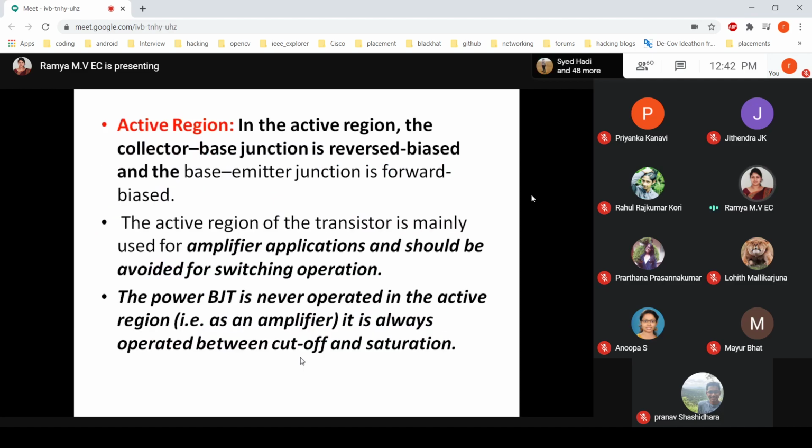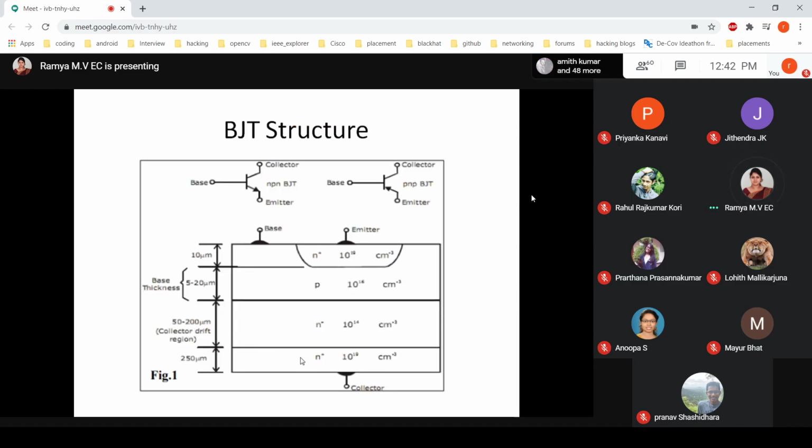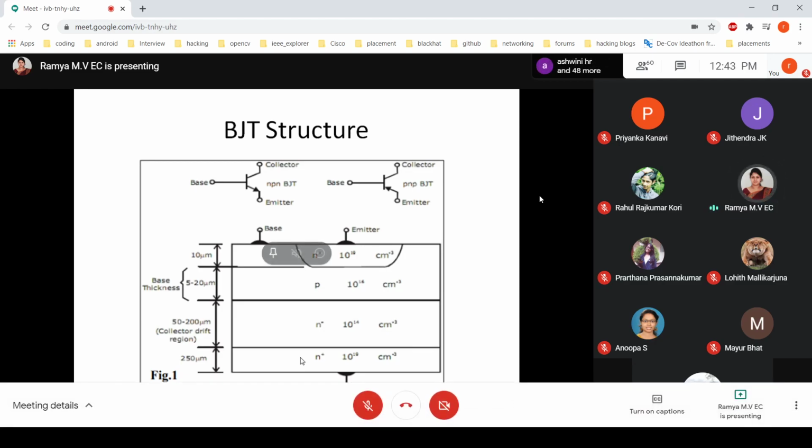I will just conclude this power BJT. The power BJT is similar to the conventional BJT; we have 3 terminals, but the internal structure is different. We have collector and emitter N type heavily doped, and the base region lightly doped.